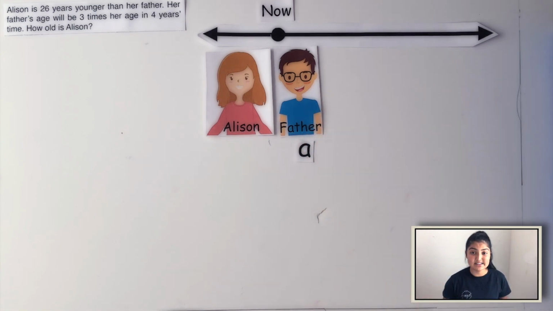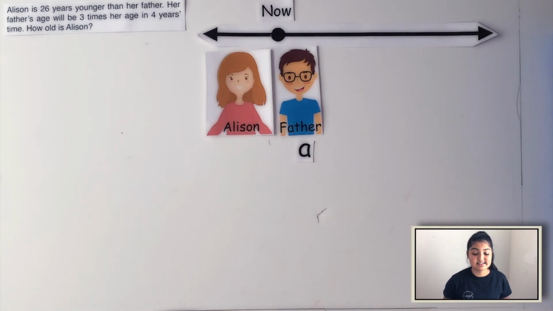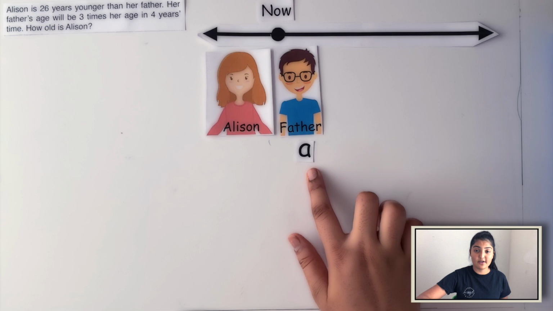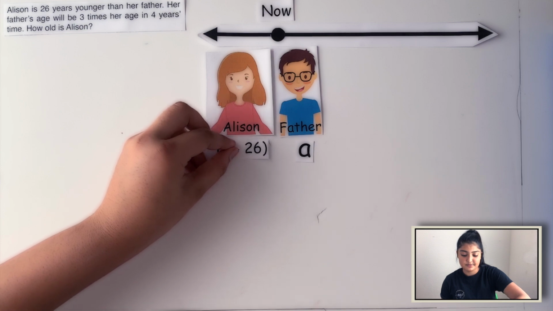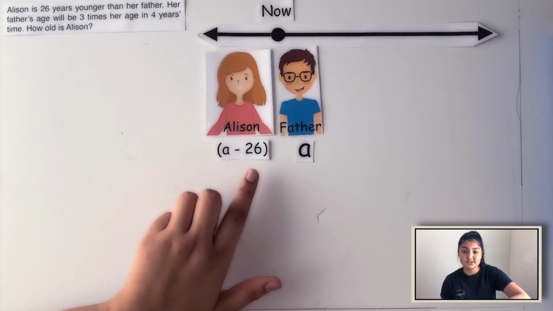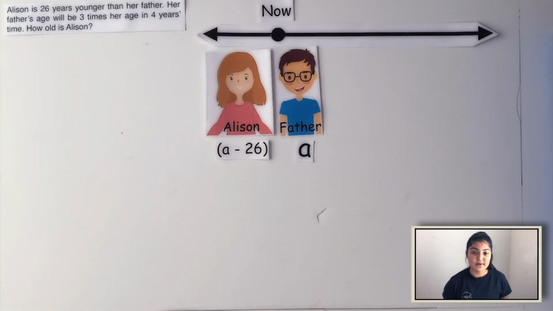So Alison's father is a years old. And since Alison is 26 years younger than her father, her age would be a minus 26. So now we know Alison and her father's age now.